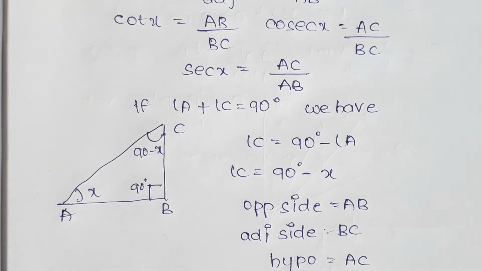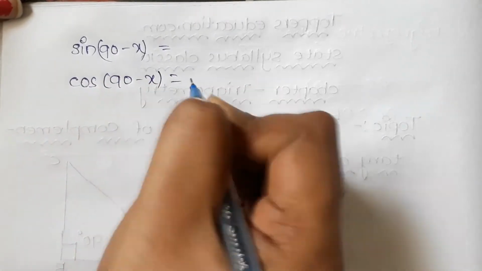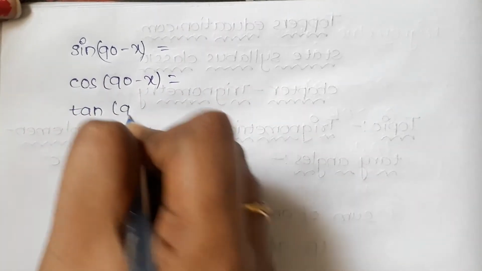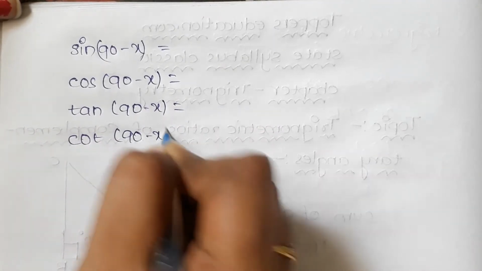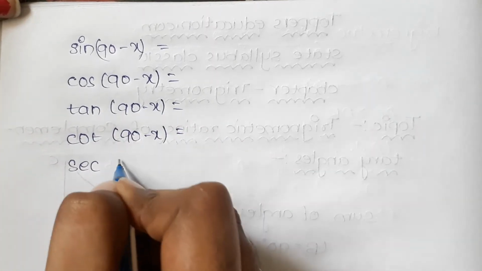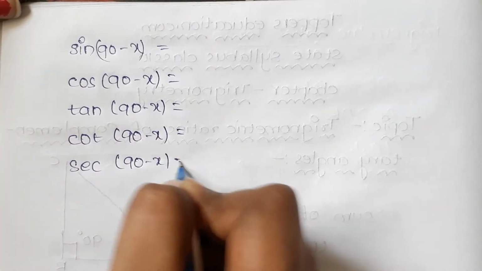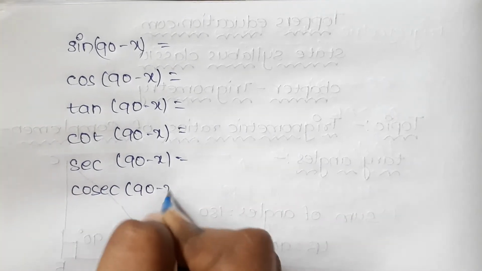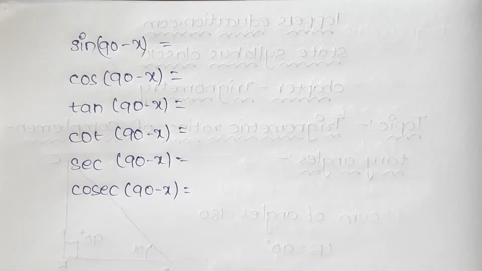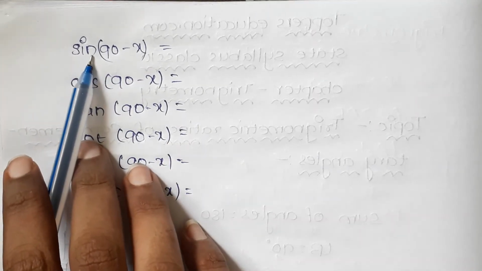That is, sine 90 minus x, cos 90 minus x, tan 90 minus x, cot 90 minus x, secant 90 minus x, and the last one is cosecant 90 minus x. We know that sine is opposite by hypotenuse.